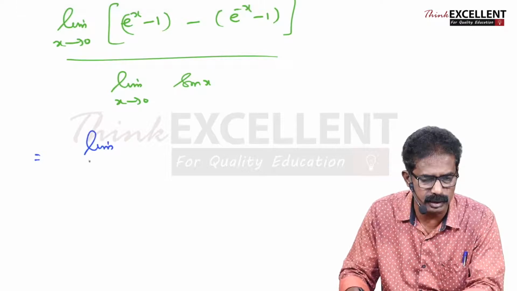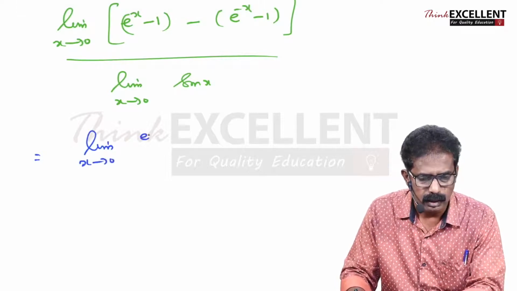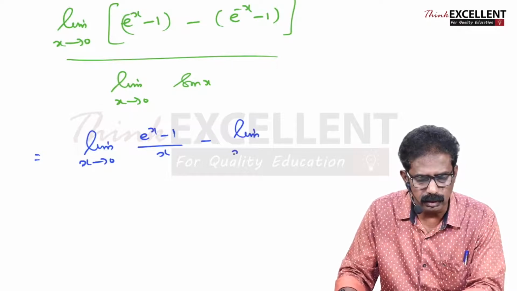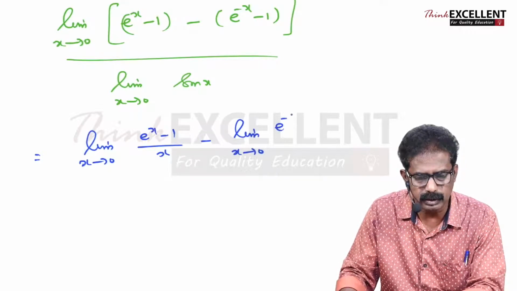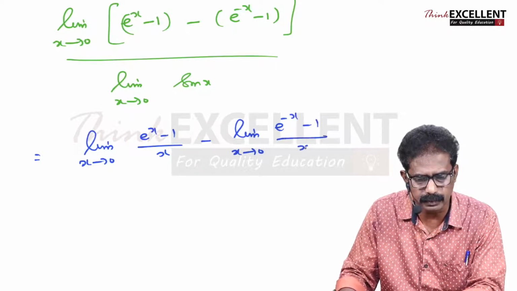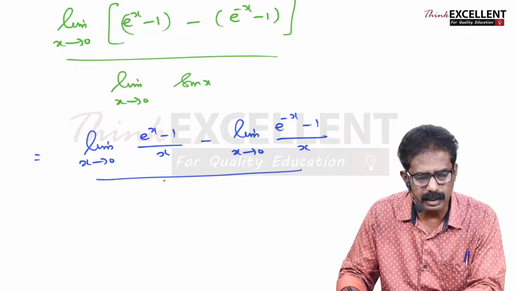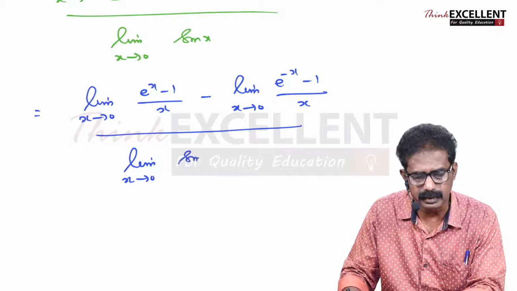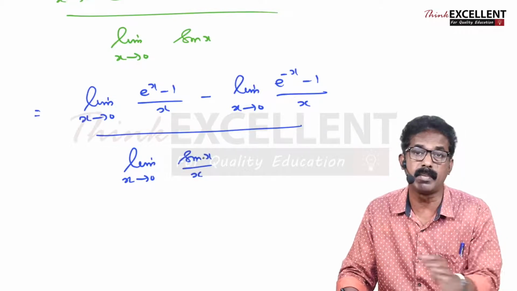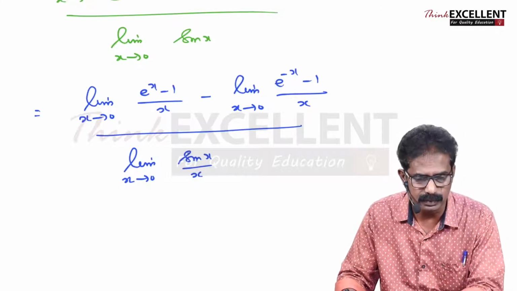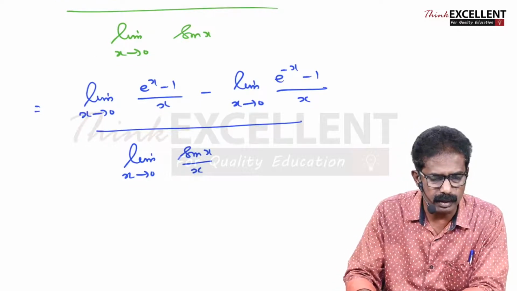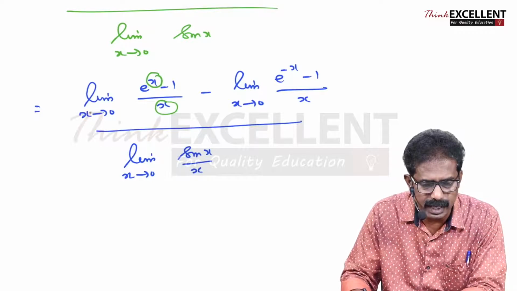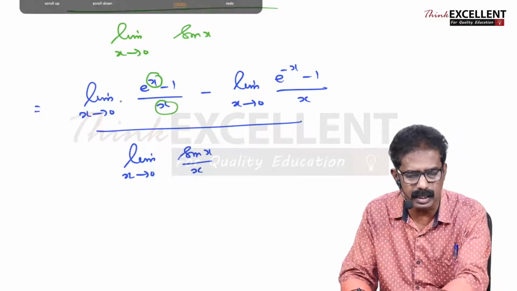So limit x tends to 0, e raised to x minus 1 by x, minus limit x tends to 0, e raised to minus x minus 1 by x, divided by limit x tends to 0, sin x by x. Both numerator and denominator we are dividing by x. And one thing you remember, the first limit is 1. And these three must be same. Yes, here it is same, so you can write your answer as 1.